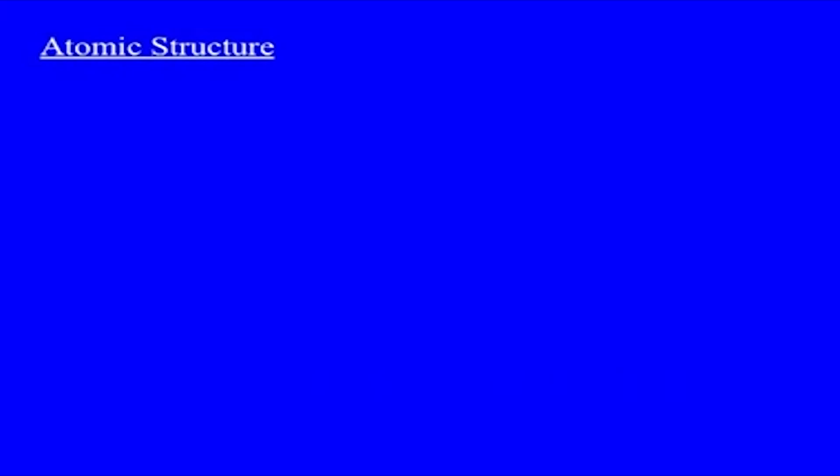Now, before we go into atomic stability, let us try to understand the atomic structure on your screen here before we move on to the next label, that is atomic stability. Like I said, an atom is made up of a positively charged nucleus with surrounding electrons.